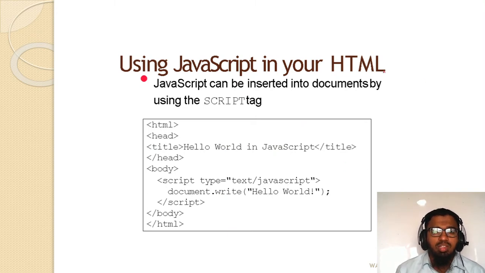Okay, using JavaScript in your HTML. How to use JavaScript in your HTML? JavaScript can be inserted into a document by using the script tag. If you want to add JavaScript, you must have a script tag.